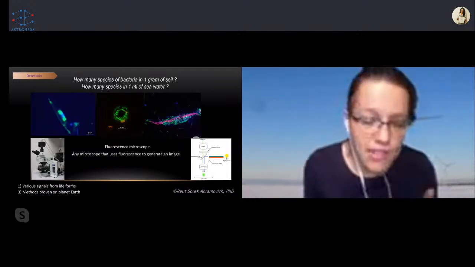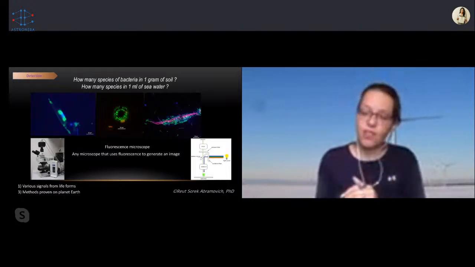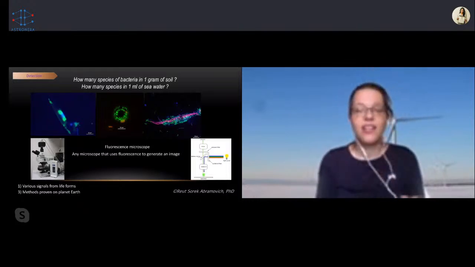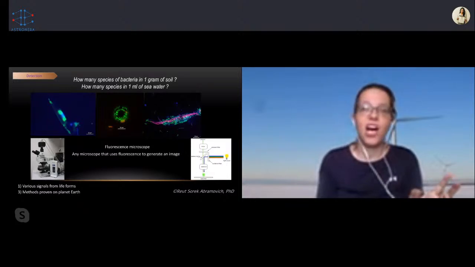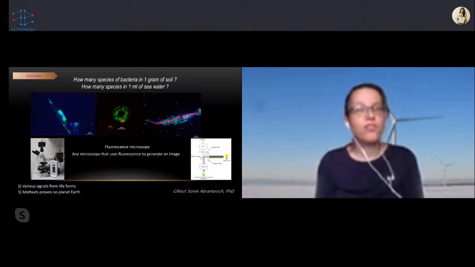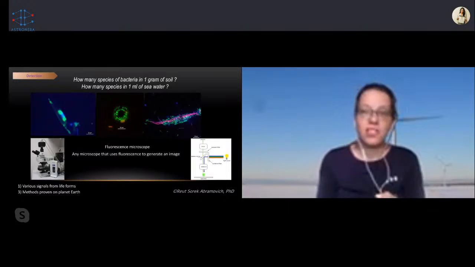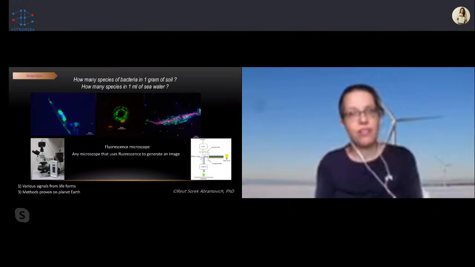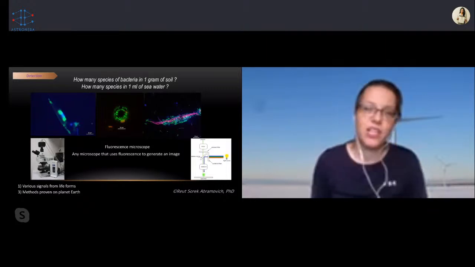So there was something called the great plate count anomaly, which meant we know this is a very rich soil, but we don't see it in the lab. So what's happening to the rest of them? Why are they not growing?